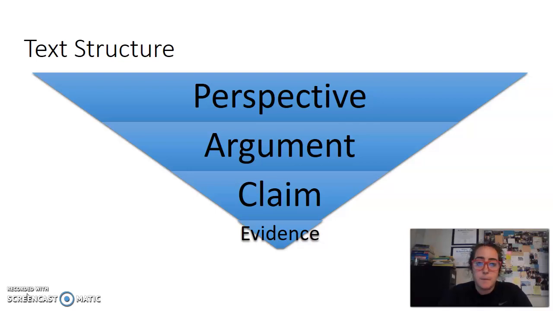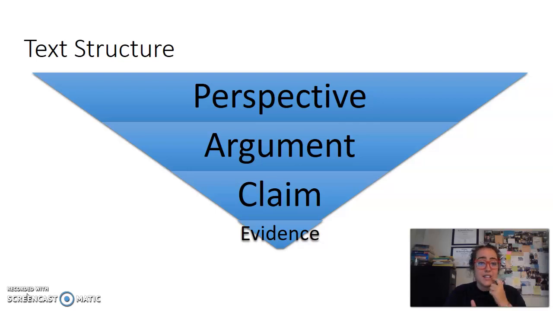So text structure, anytime you look at a text, like the example text that we've read so far, these are our exam texts, but anytime you read any article or argumentative piece of writing, you can break it down into these four components. Now they go in that inverted triangle because they are different scales.